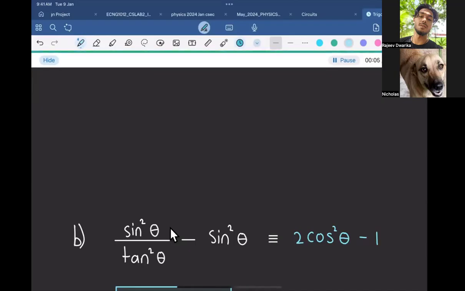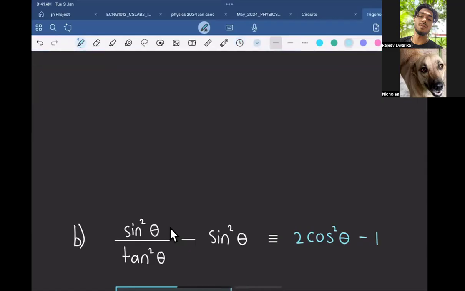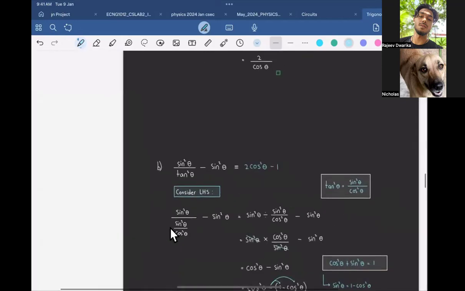I recommend putting brackets on that. So the sine squared theta and the sine squared theta will cancel off. So you get cos squared theta minus sine squared theta, right? Then sine squared theta is 1 minus cos squared theta, right? You end up with minus 1 plus cos squared theta, 2 cos squared theta minus 1. Excellent. Nice.